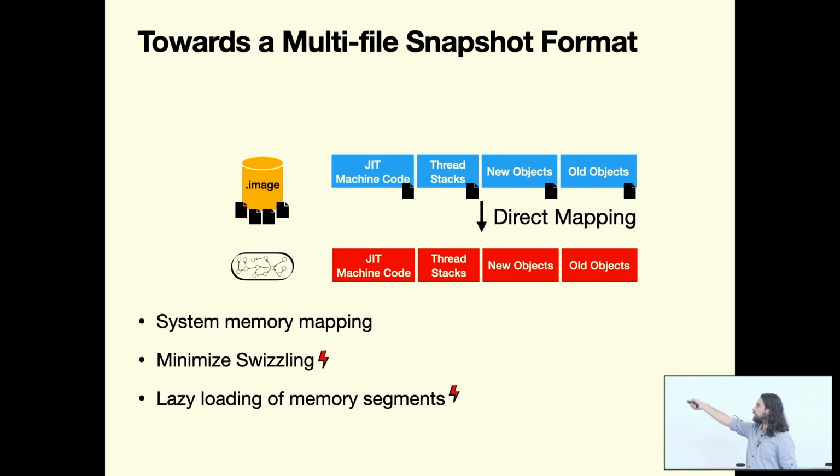But the idea is that we want to reduce the swizzling, or minimize the possibility of the swizzling, and to have lazy loading of memory segments. So if we start cutting in segments, we can load lazily different segments.